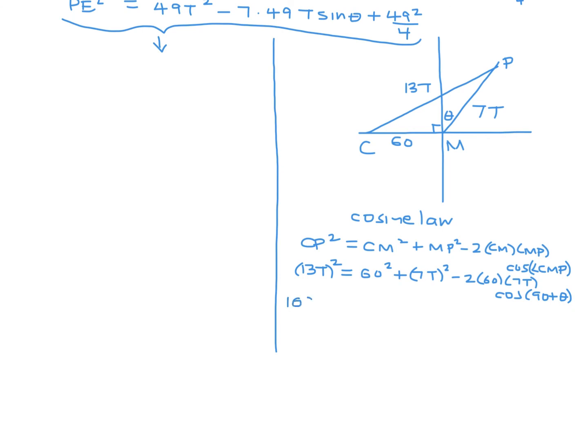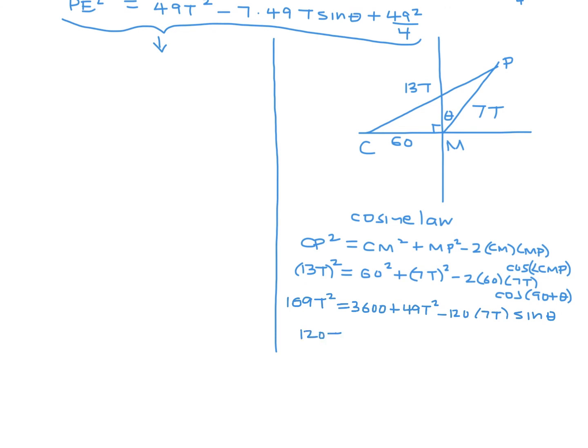This is 169 t squared is 3,600 plus 49 t squared minus 120 times 7t. And the cos of 90 plus theta using trigonometry identities is the same as sine theta. Okay. Put everything on one side.